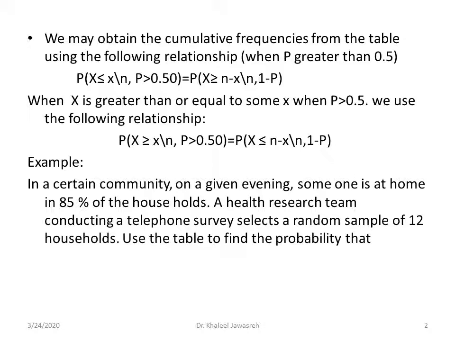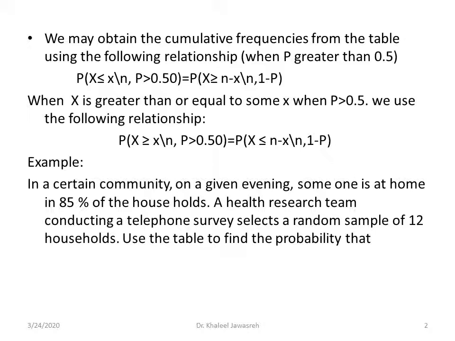Now, we do need to understand this problem before solving it. In a certain community, the probability that someone is at home is 85%. From this probability, we understand that it is greater than 0.5. Now, we do need to restate the problem.